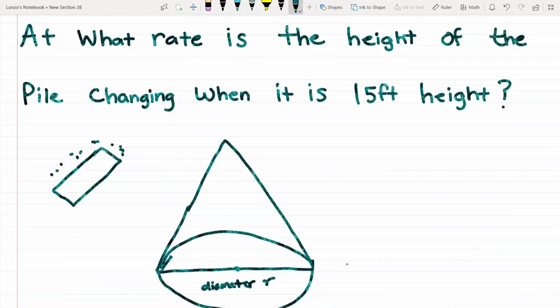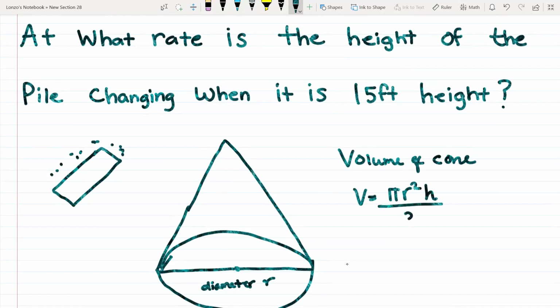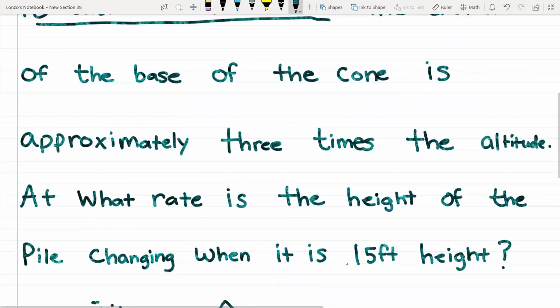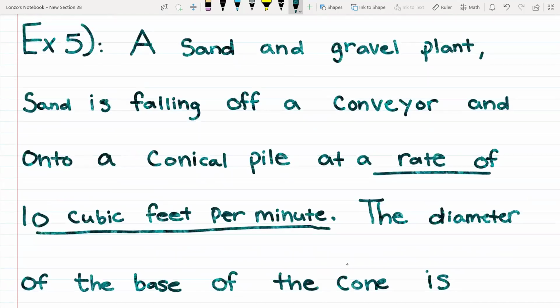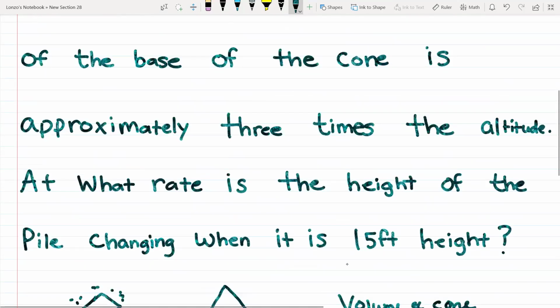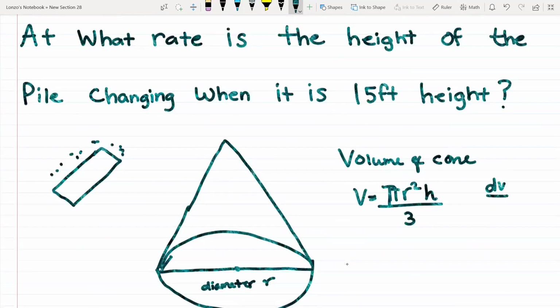We have a cone, so what is the volume of a cone? The volume of a cone is V equals pi r squared times h all over 3. They tell us the rate is 10 cubic feet per minute, so our dV/dt is 10 feet cubed per minute.